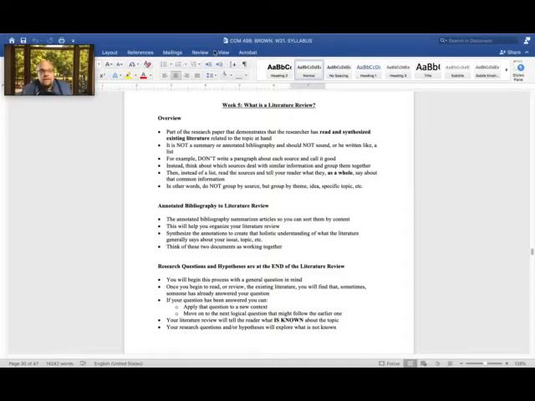However, it is likely you will find information about related areas that you're going to be able to, you see it in bold there, read and then synthesize. That means you're going to take information on a variety of related topics and then deduce from that information an assumption or glean some information from it.